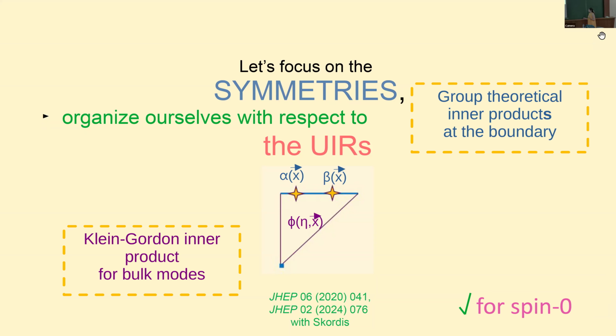For the things that appear at the boundary, you have to go and look at the inner products that the mathematicians tell you. So we focus on the group theoretical inner products at the boundary, and by checking that the late time operators we identify from the bulk field can be normalized with respect to these group theoretical inner products.